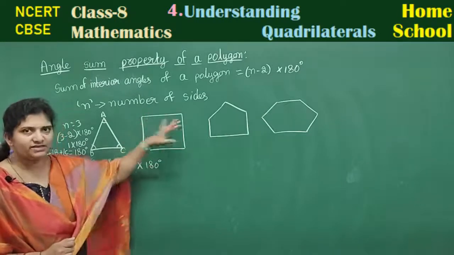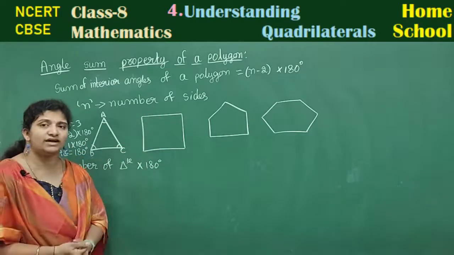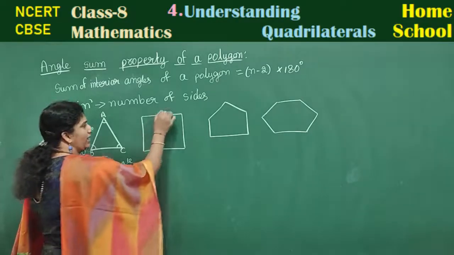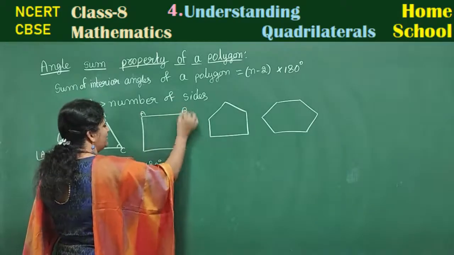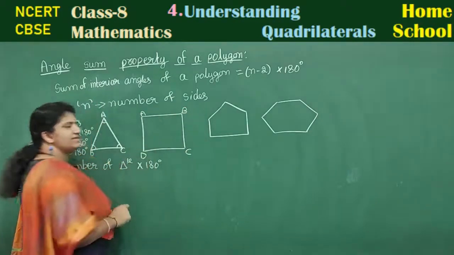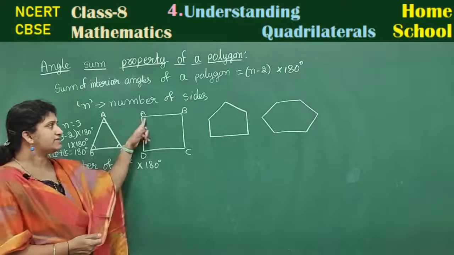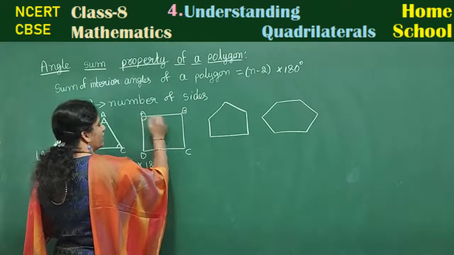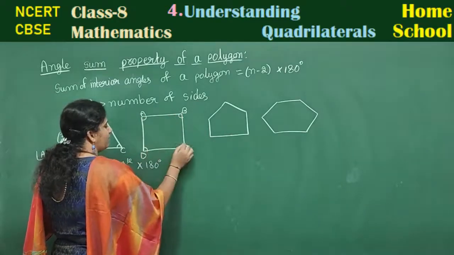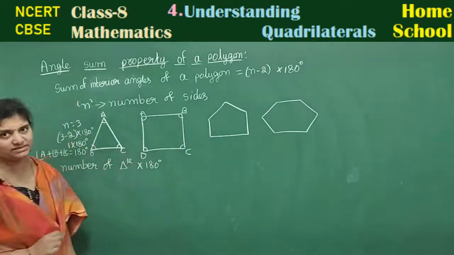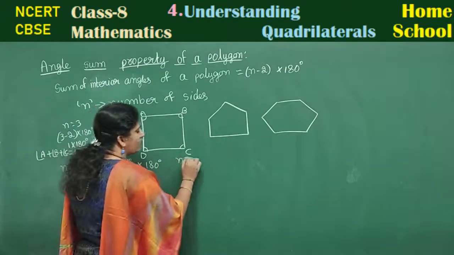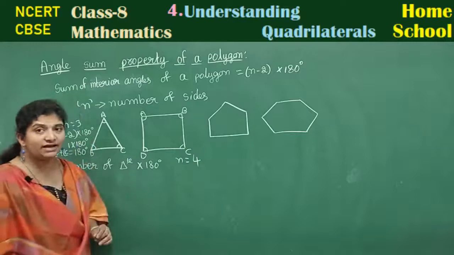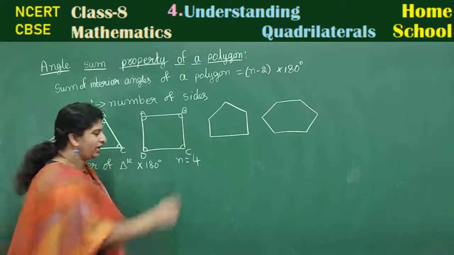Having 4 sides. If it has 4 sides, what is that one? It is a quadrilateral. A, B, C, D is a quadrilateral. What is the sum of the interior angles of this quadrilateral? Look here. Angle A plus angle B plus angle C plus angle D is equal to... What is your n value? How many sides do you have? 4 sides.